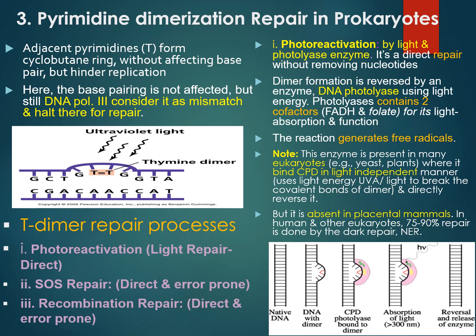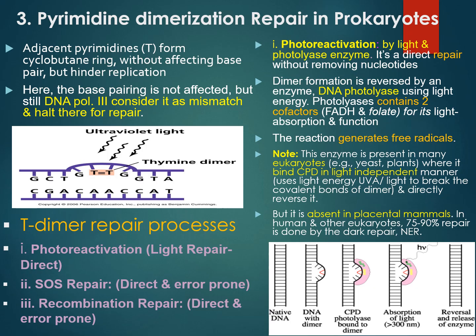However, this process will generate free radicals. This enzyme is present in many eukaryotes like yeast and plants, where it binds this CPD in a light independent manner. But here the energy is coming from UVA or blue light.